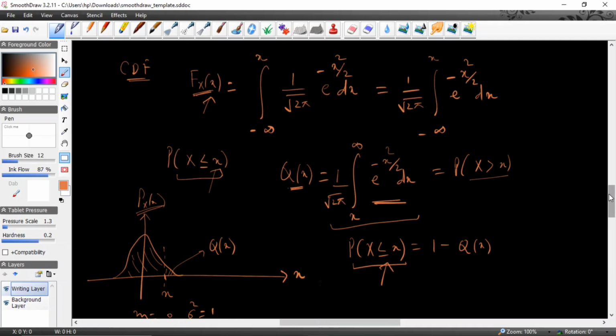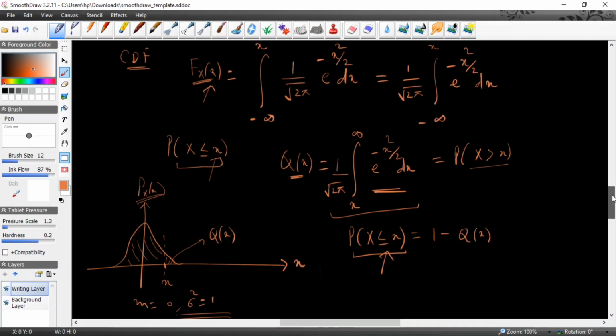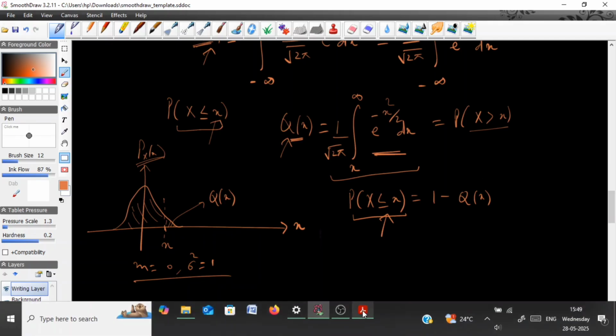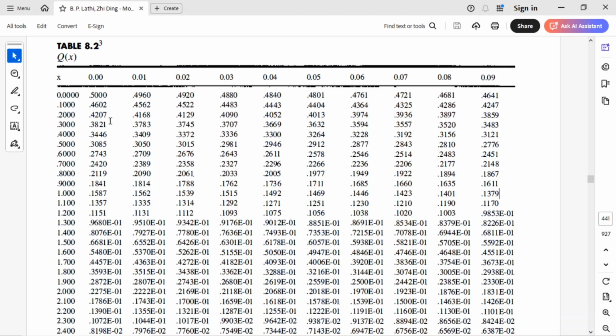Okay, and you can see in the textbooks that this Q of x has been tabulated. There is a table where you can find different values of Q of x, maybe Q of 0, Q of 0.01, Q of 0.02, and so on. So this is the table for Q of x. For x equal to 0, Q of x is 0.5.